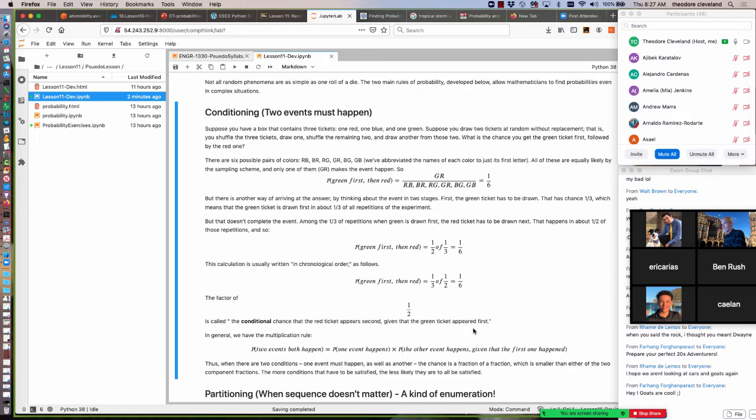Suppose you have a box that contains 3 goats, one red goat, one blue goat, and one green goat. Suppose you draw 2 goats at random without replacement. That is, you shuffle the 3 goats, draw one, shuffle the remaining 2, and draw another. What's the chance that you get the green goat first, followed by the red goat?